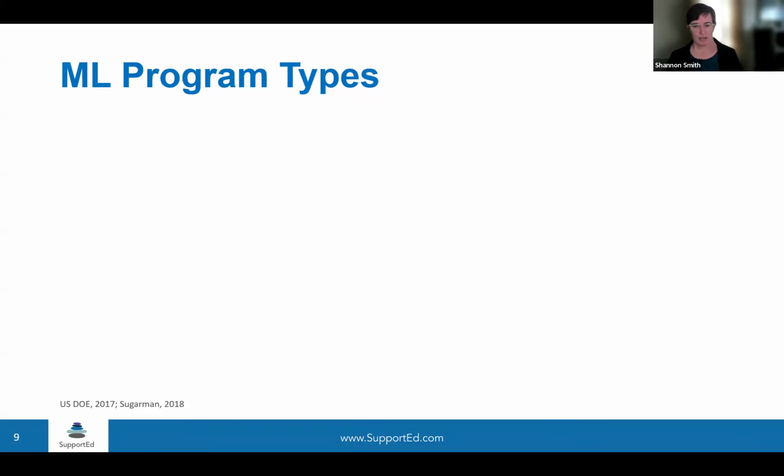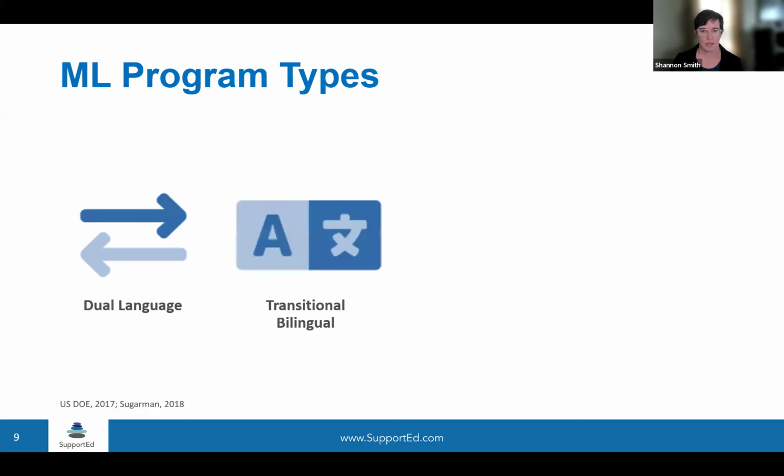Since you all are kind of our ML people, I'm going to give a brief overview of those program types. The first is dual language programs, which develop language and literacy in English and a partner language, where the academic content is taught in both languages.